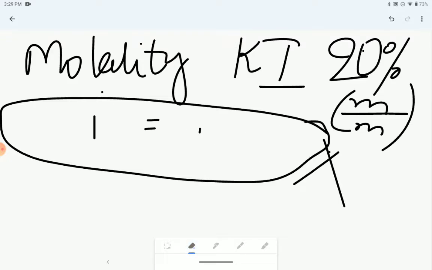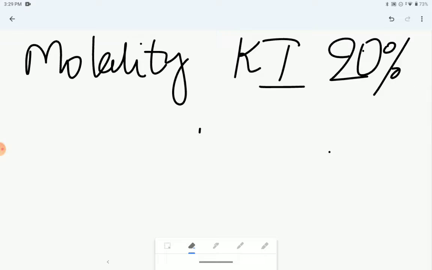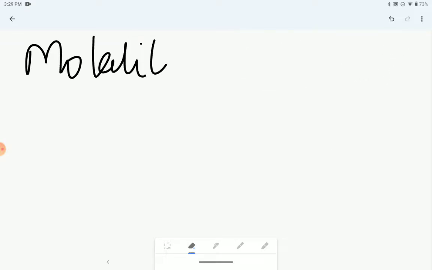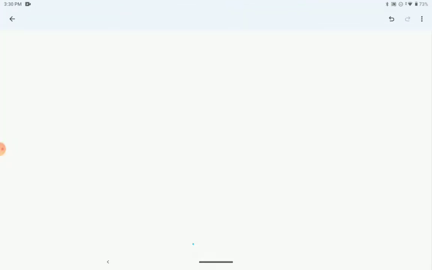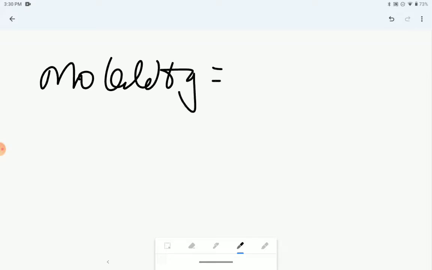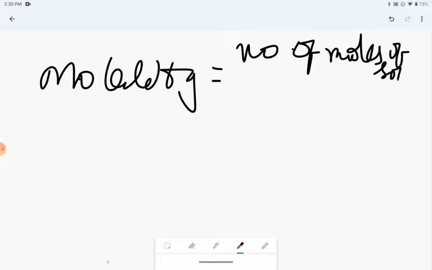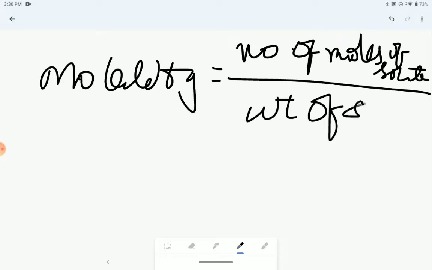Now, molality comes out to be number of moles of solute upon weight of solvent in kg, right?